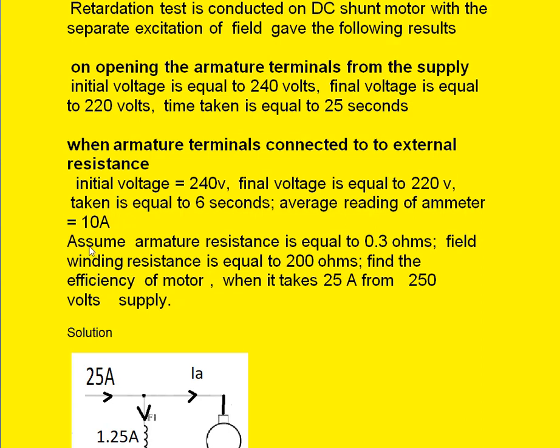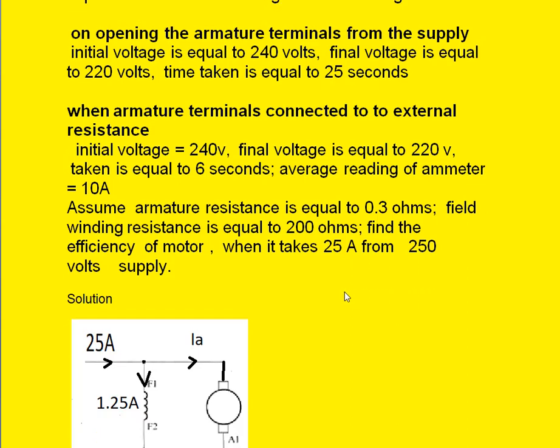He has also given the armature resistance, that is 0.3 ohms, and field winding resistance 200 ohms. And what he wants is, what is the efficiency of this DC shunt motor if it operates at 250 volts by taking 25 amperes.